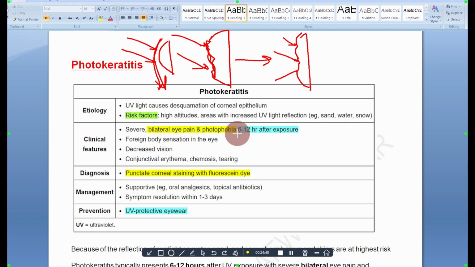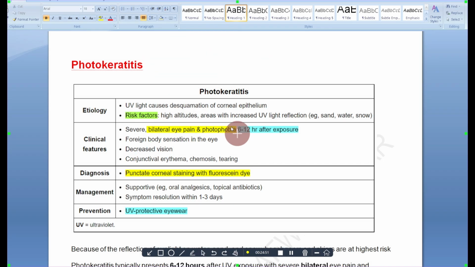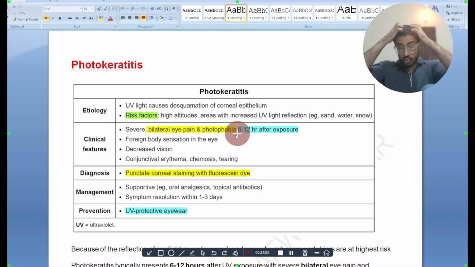Those are all the areas where you know that the epithelium has been shed off and now the underlying basement membrane has been exposed. So that's how you confirm that the epithelium has been shed off, and this is a case of photokeratitis. So I've given you how the thing works and how to make sense of it.